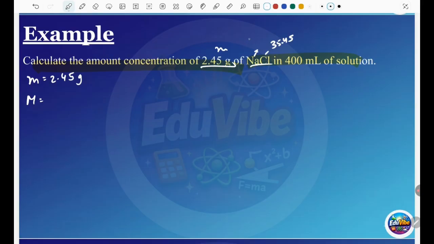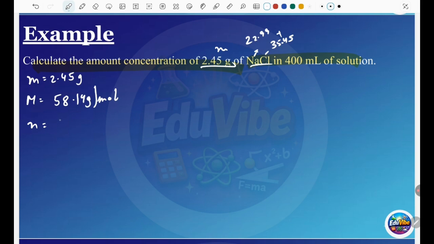You can see these from your data booklet; we discussed how to find these things in Unit B, the second unit. You add the whole thing and you get the molar mass of about 58.44 grams per mole.